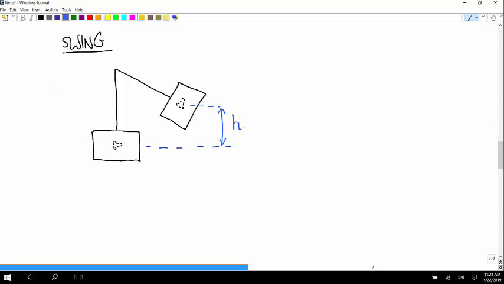Swinging problems, conservation of mechanical energy often works because that cable force is a non-conservative force. Okay, non-conservative forces often cause problems when you're using energy. But notice that this is a circular motion, and that cable force is always toward the center. It's a centripetal force.